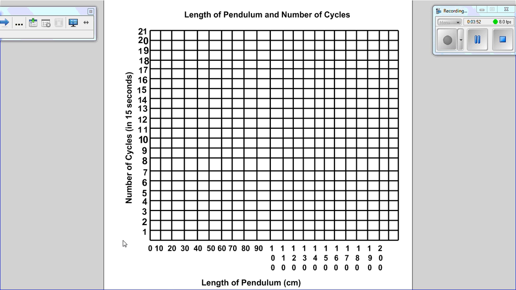In the y-axis, their greatest number of cycles was 21, so it was best to number up by ones. Note again that the 1 is directly across from the line, the 2, the 3, the 4, etc. Be careful not to turn your graph when numbering the y-axis. The numbers should read like a book, and they should look like this.